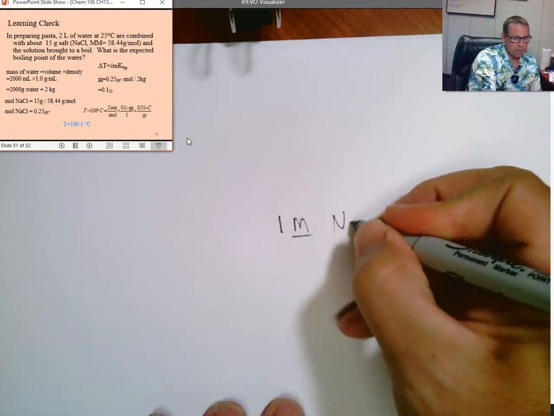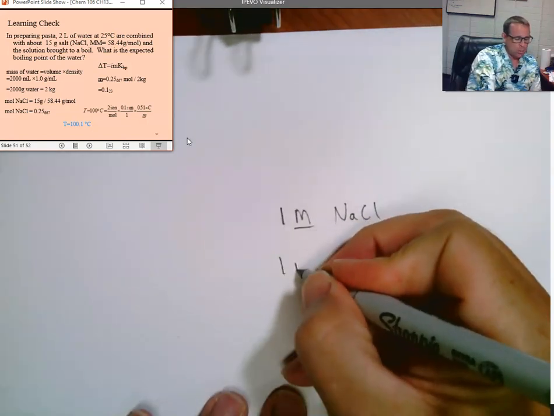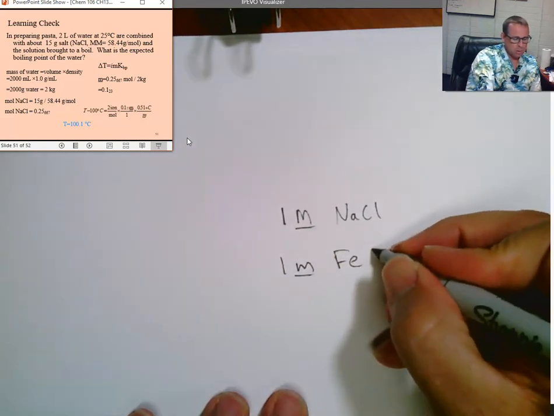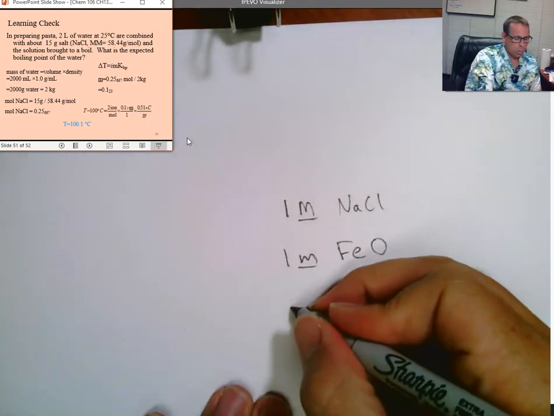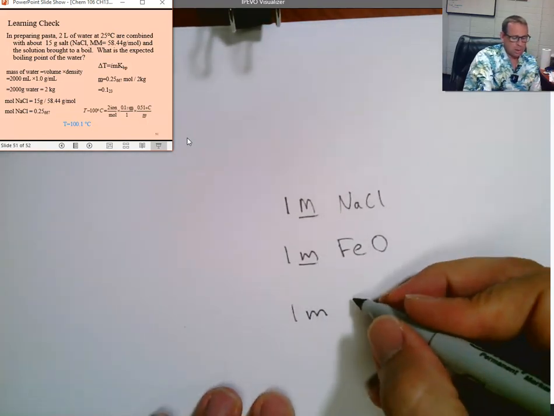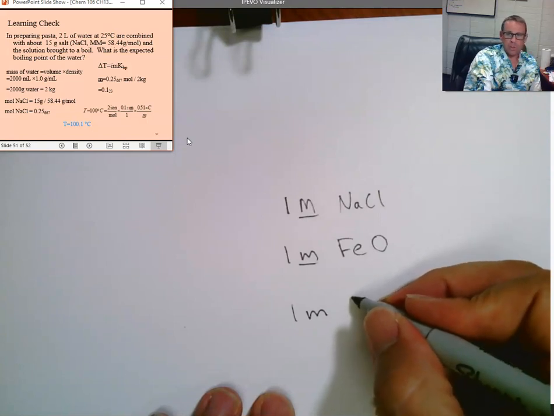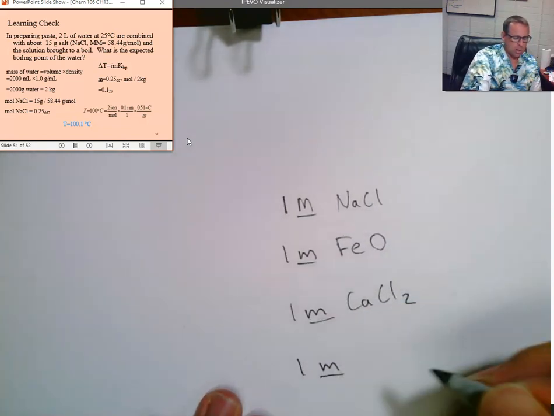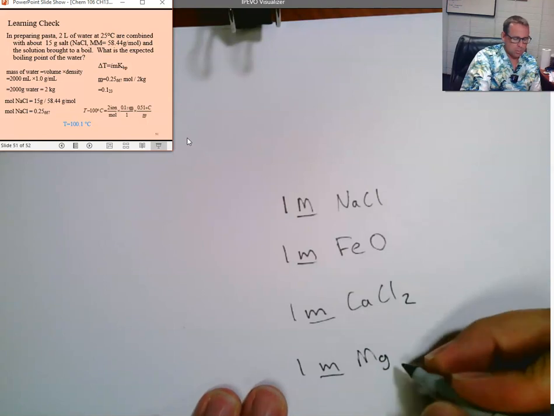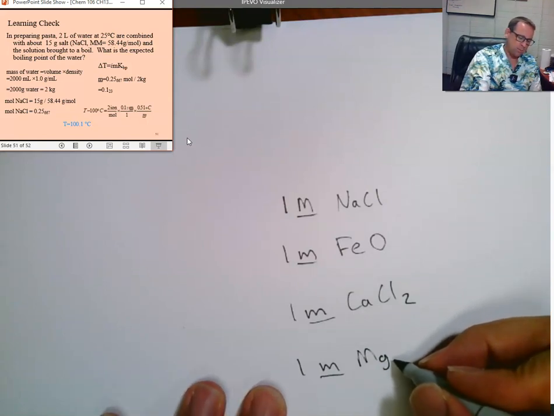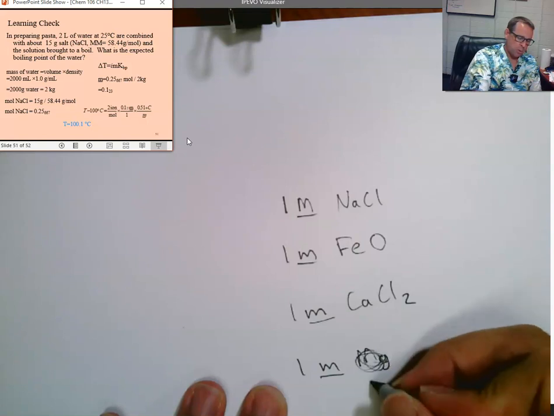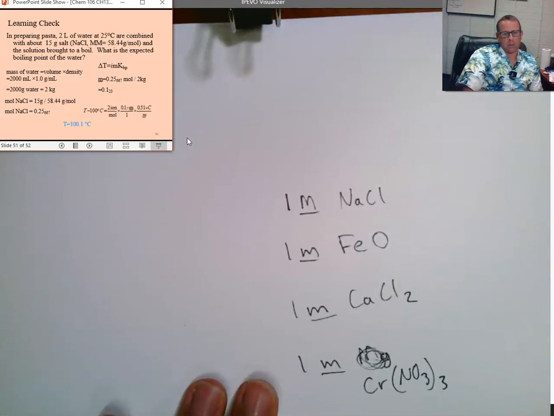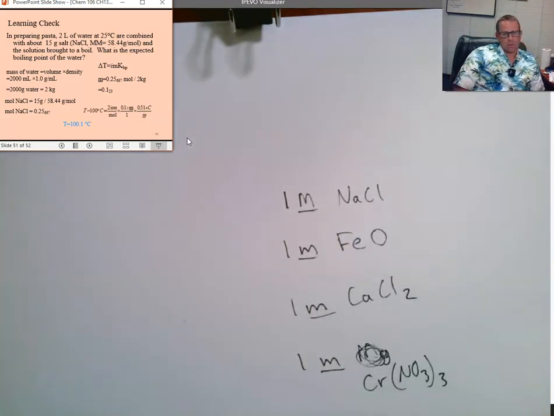So I have 1 molal sodium chloride, 1 molal iron oxide, 1 molal calcium chloride, 1 molal magnesium, let's try this one, chromium nitrate. So I have 4 different solutions.